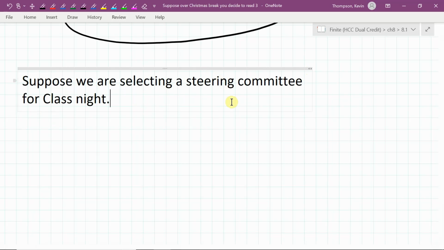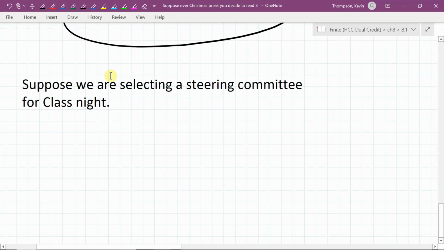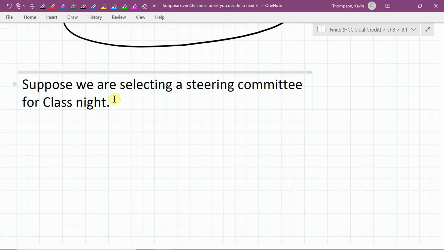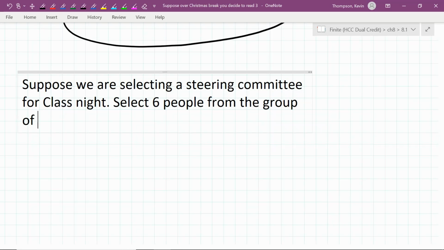These are people that get together and do everything that's required to make sure that class night goes off, but there are no positions. We're going to select 6 people from the group of 20 interested.